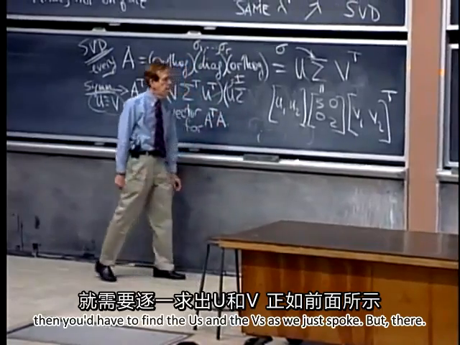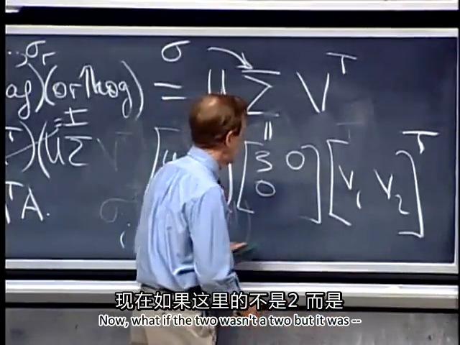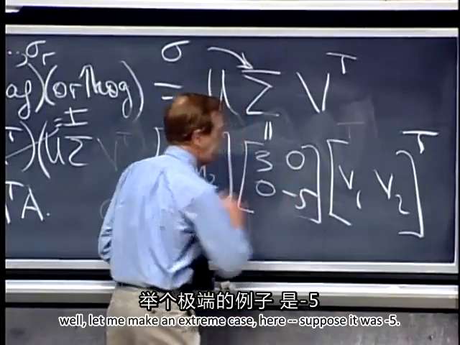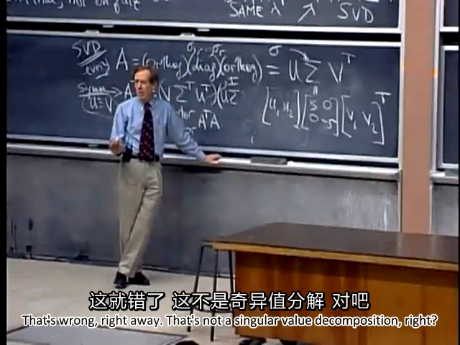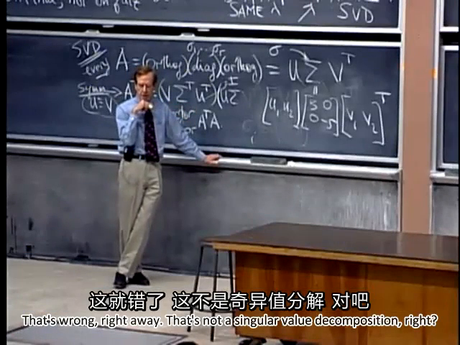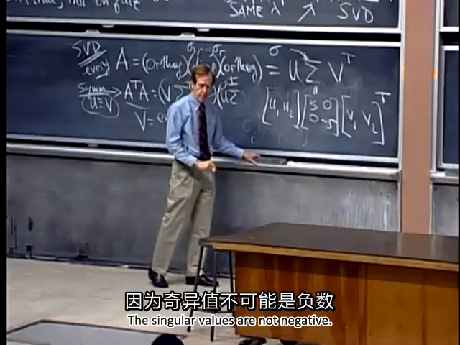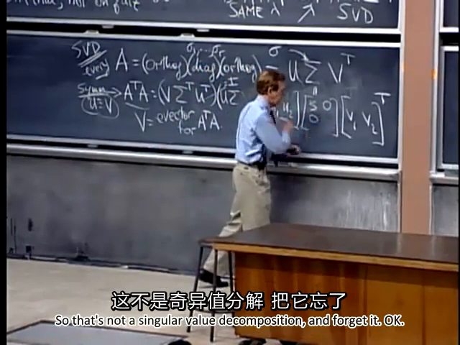Now, what if the 2 wasn't a 2, but let me make an extreme case here. Suppose it was -5. That's wrong right away. That's not a singular value decomposition, right? The singular values are not negative. So that's not a singular value decomposition, and forget it.